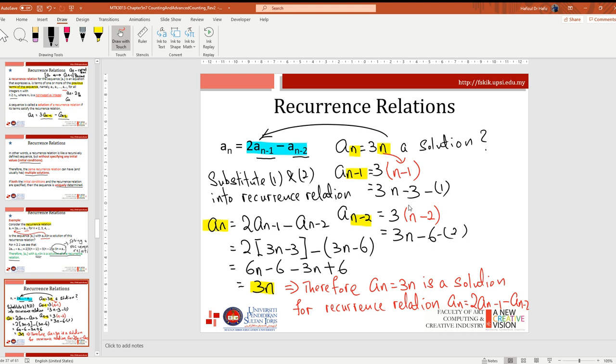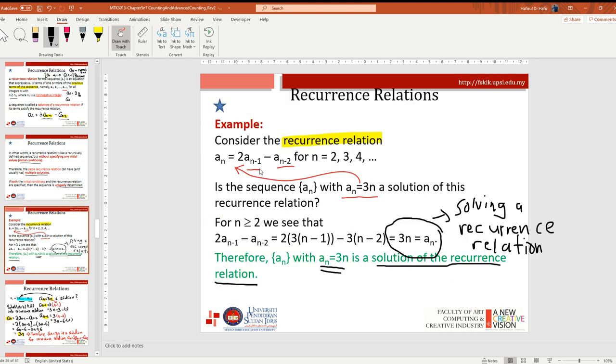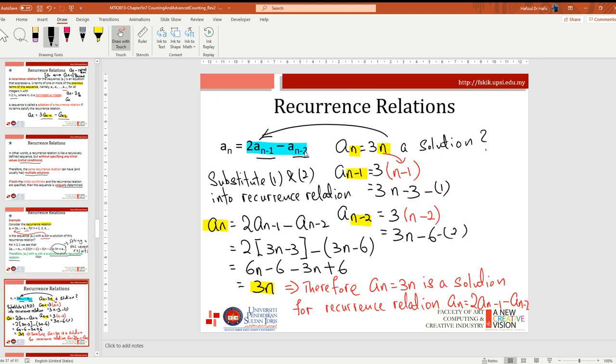Okay, and then this one is the solution yang tadi tu, a_n to a_{n-1}. Okay, kita buat in details.